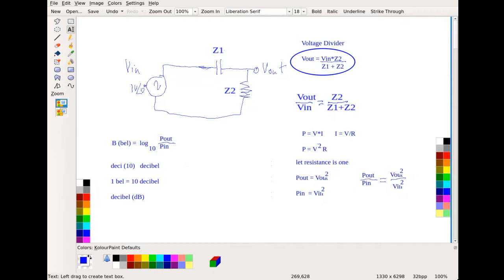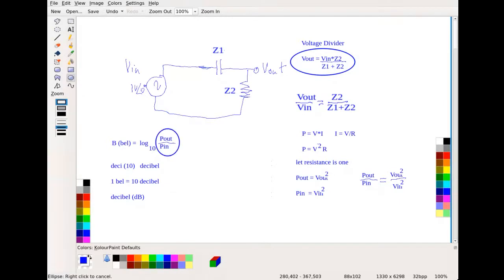And so the equation for the decibel, okay, is, officially the decibel is all about power, right?